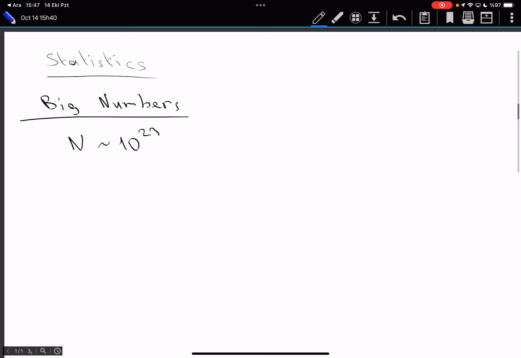But most of the time, the numbers we will have will be of the order of 10 to the power n. These are the things that we will calculate. And of course, we will take the logarithm to make it a more manageable number. But before taking the logarithm, the quantities that we will evaluate will be of this order of magnitude, all of them.